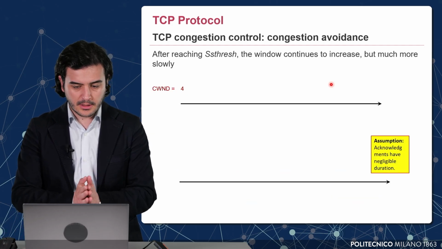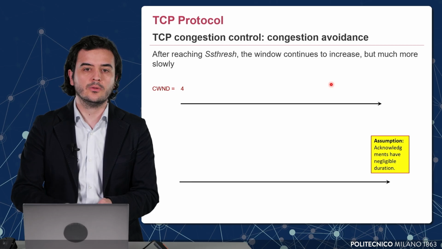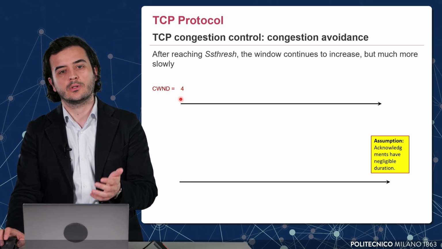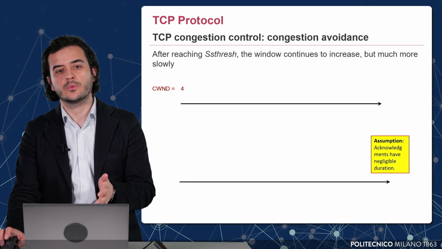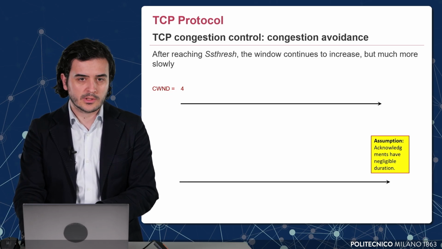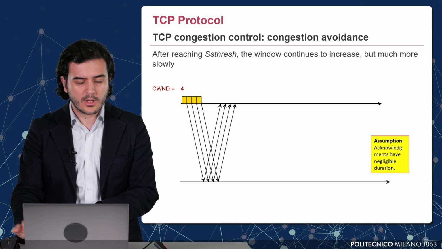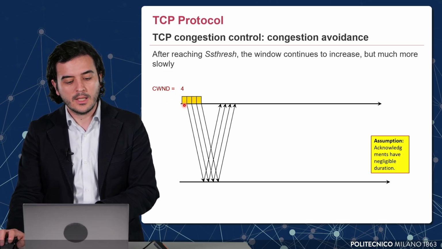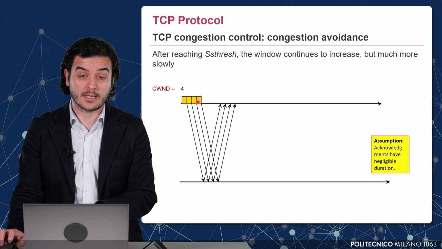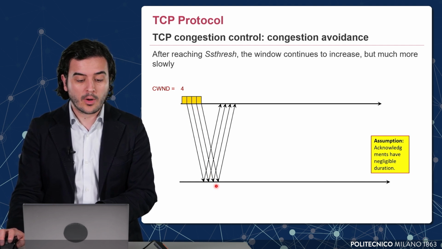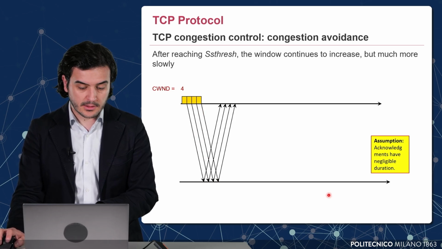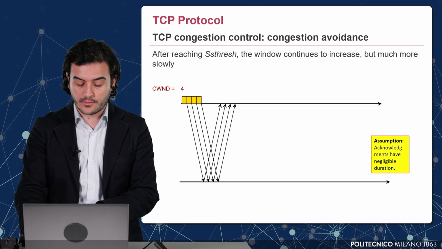So let us see an example in which the congestion window is equal to 4, and see how its size changes after each step. We start with a congestion window equal to 4. For each transmitted segment, there is a corresponding acknowledgement message sent from the receiver towards the transmitter.